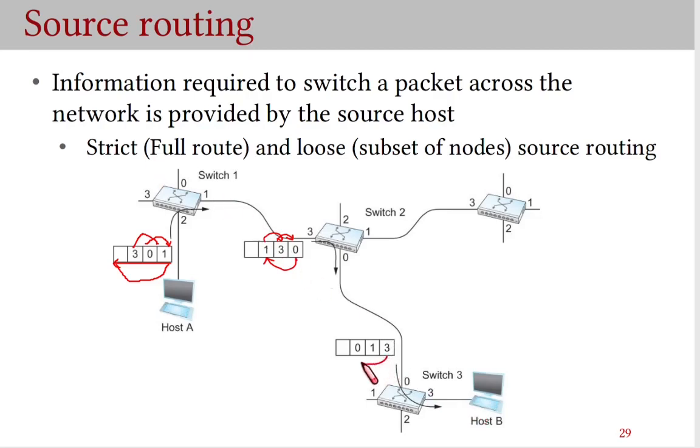So 3 goes to third place, 1 goes to first place, and 0 goes to second place, which is exactly what host A had sent. And so the benefit of having this entire route at host B is that now it knows how to send this. If it has to send an acknowledgement or response back, it knows how to reach host A.